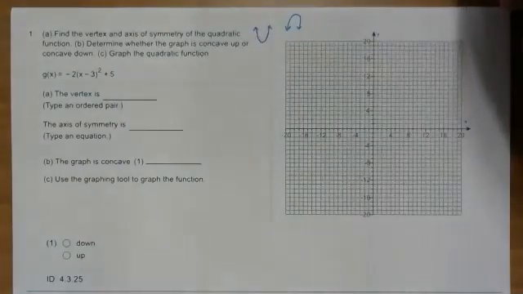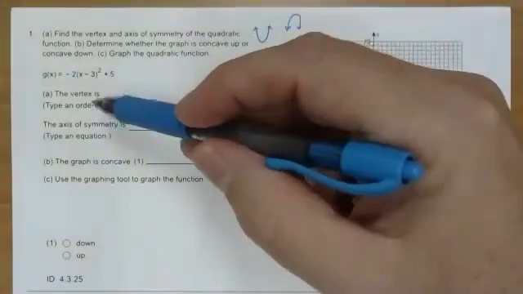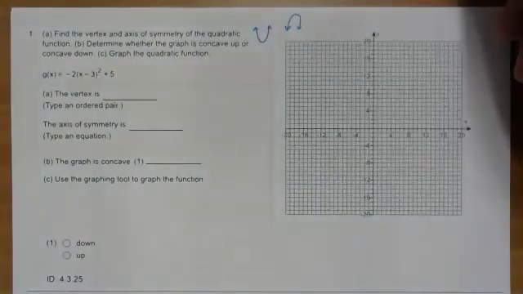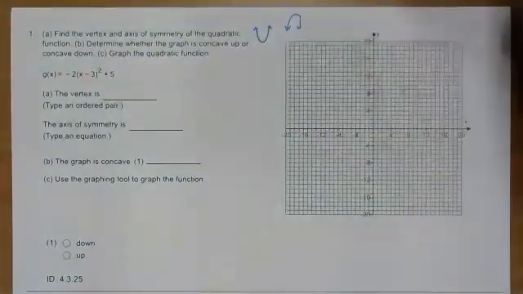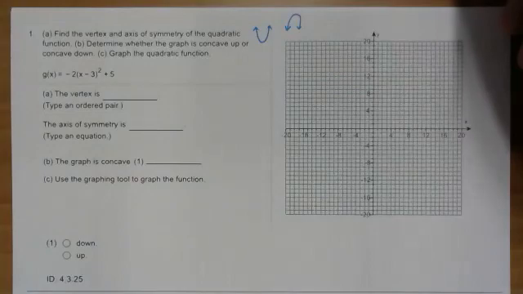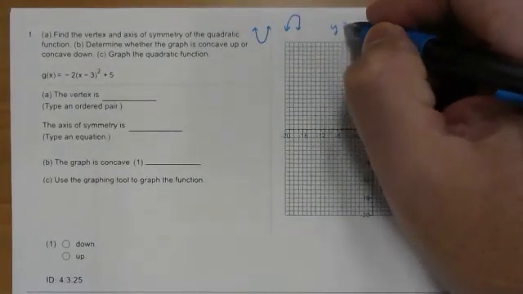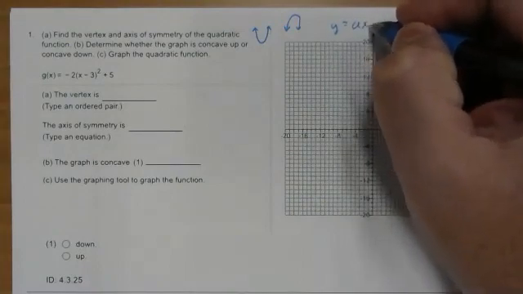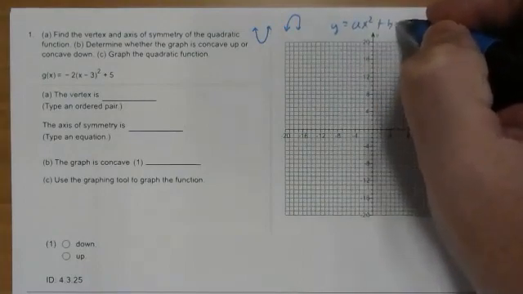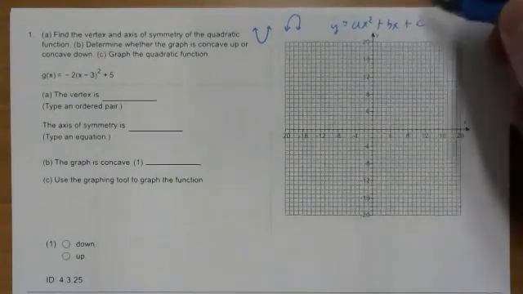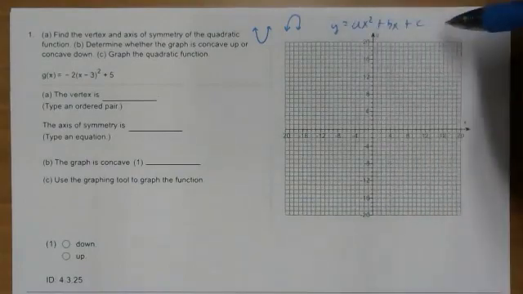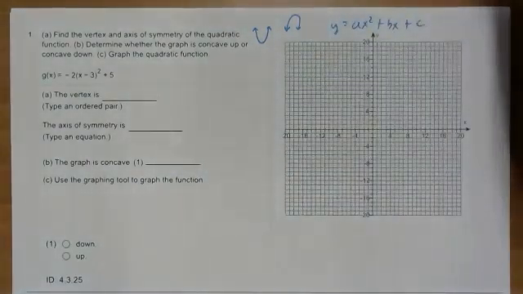This equation is in a certain form, and some people like to use the equation in this form. What I prefer to do is just go ahead and multiply out the parentheses and use it in the form, sort of like the standard quadratic equation. So I'm going to put my equation in this form, and then I'm going to answer all these questions.